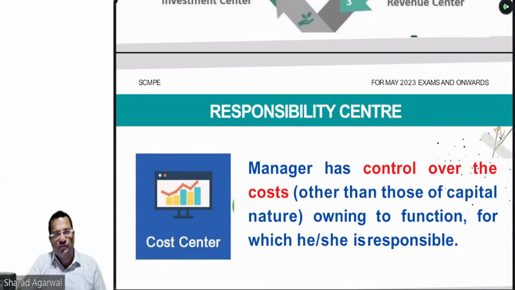Next line. The performance will be measured by comparing the actual cost with the standard cost.